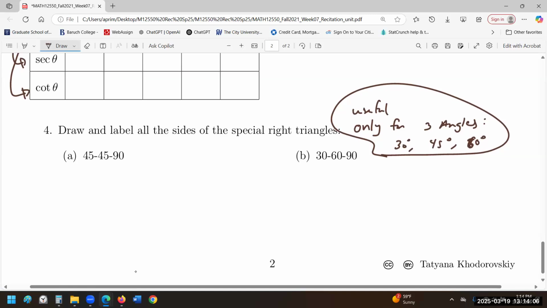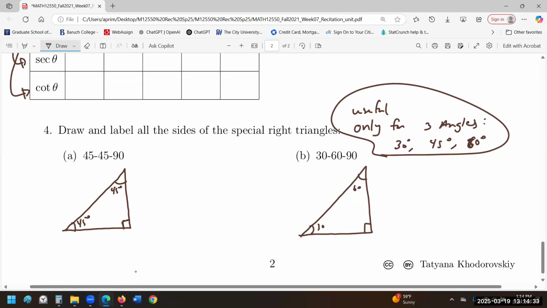So to remember this, first you draw your special triangles. One side is 45, the other side is 45, and this is 90 degree. You also draw your 30 degree, 60 degree, 90 degree triangles.